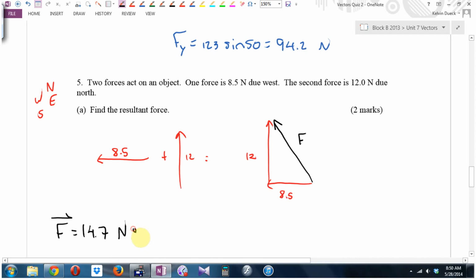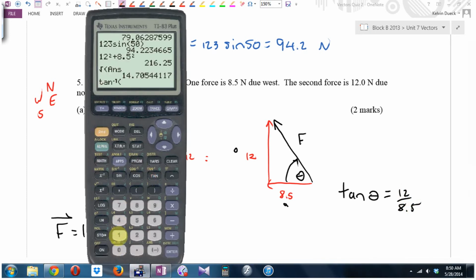Newtons at, there's theta, opposite, adjacent, tan theta equals 12 over 8.5. 54.6, 55. I'll go 54.7 just to be a bit more accurate, but 55 would work.